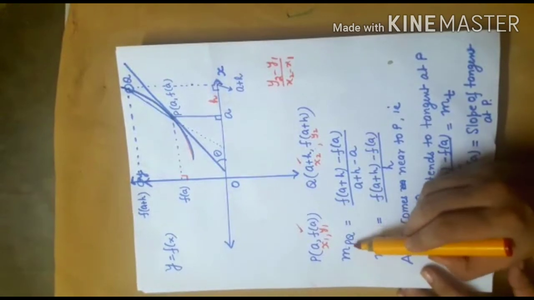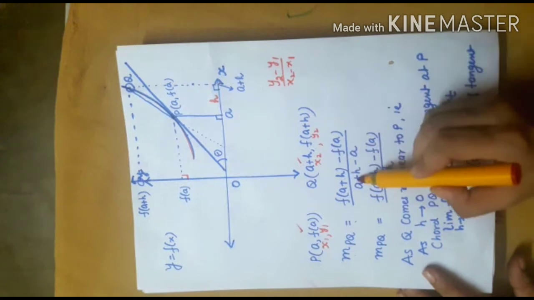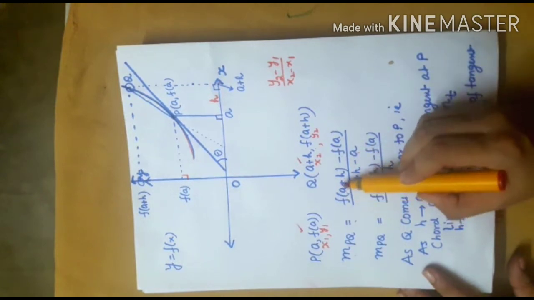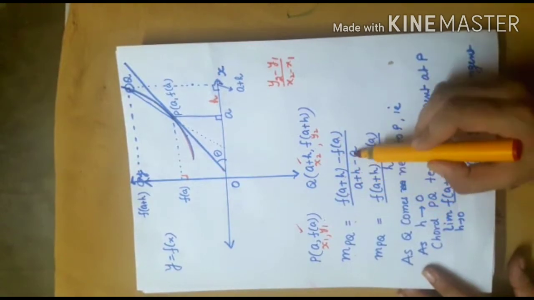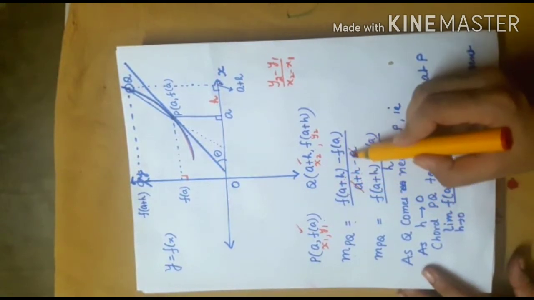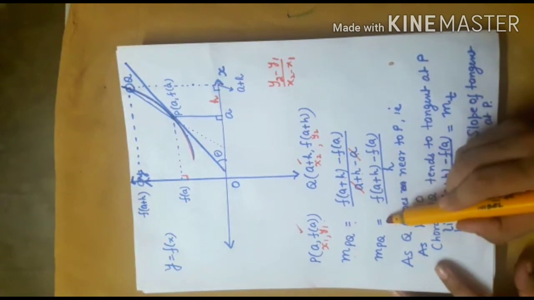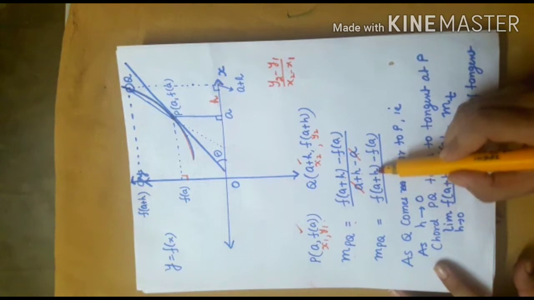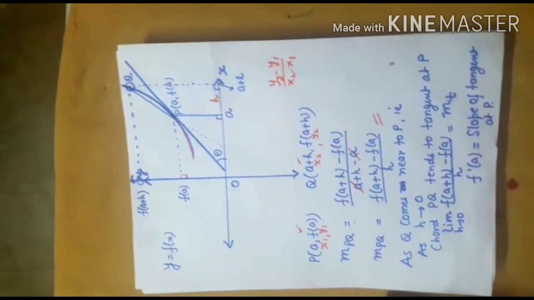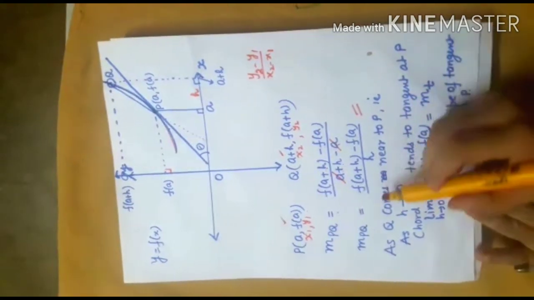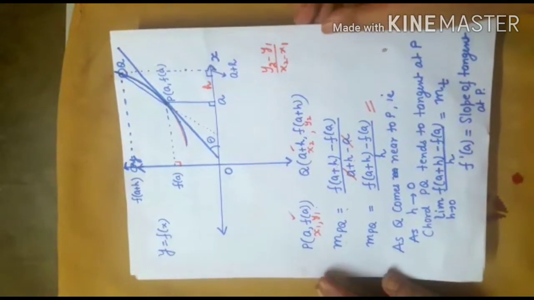So slope of PQ is equal to (y2 minus y1) over (x2 minus x1), that is f(a+h) minus f(a) over (a+h) minus a. This will get cancelled out. So slope of the line PQ is equal to (f(a+h) minus f(a)) over h. So we have obtained the slope of the line PQ, right?